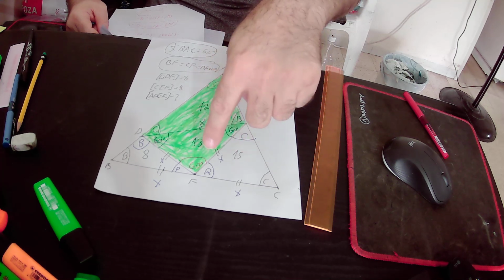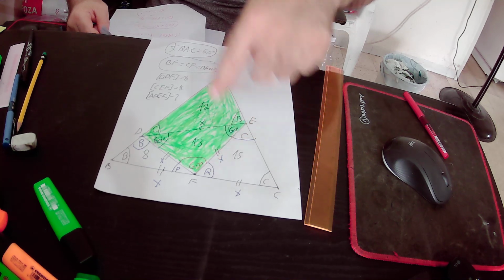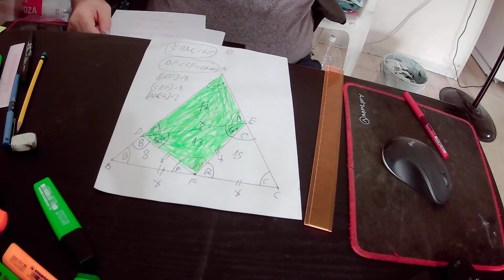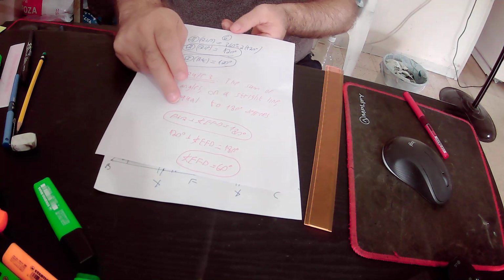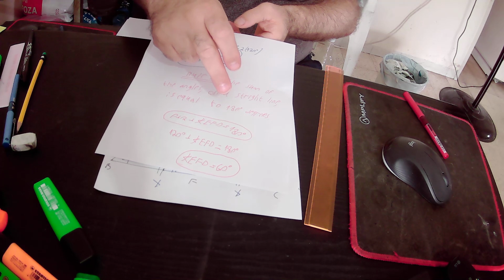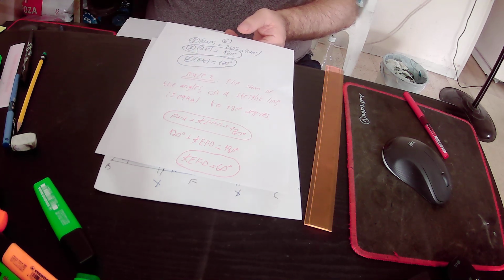So P plus angle DFE plus angle Q must be equal to 180 degrees. Again, P plus Q plus angle EFD equals 180 degrees according to rule number 3. Okay?